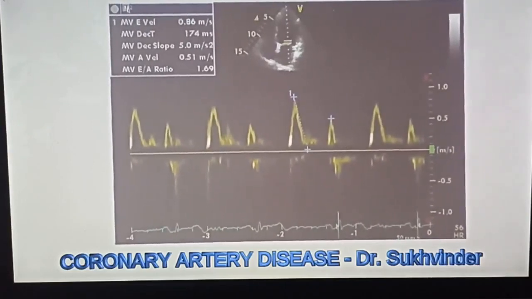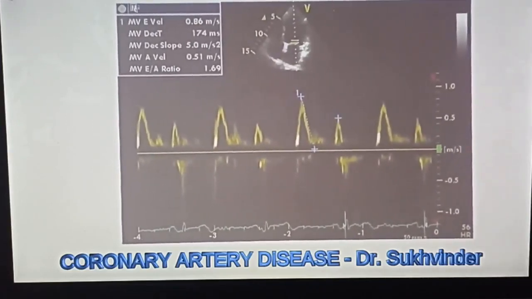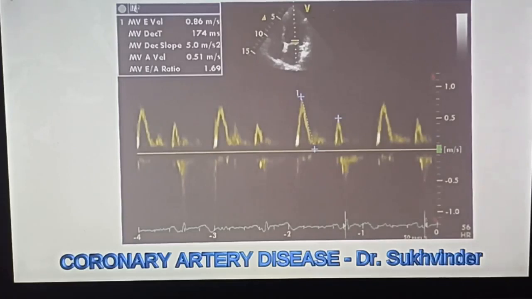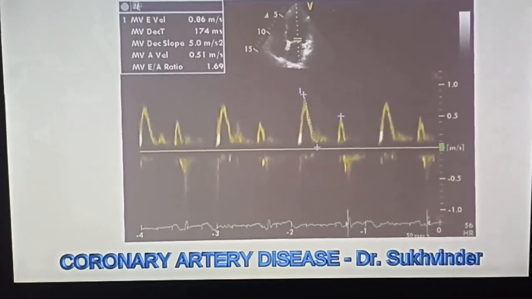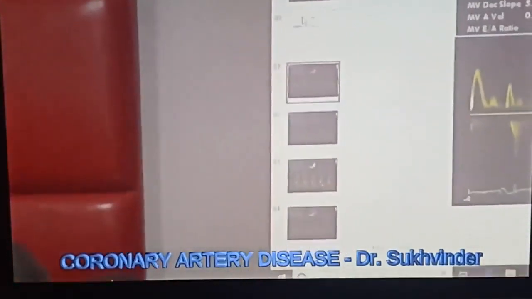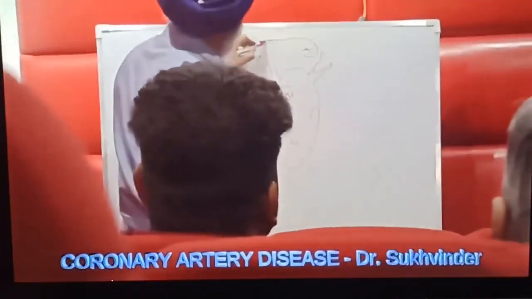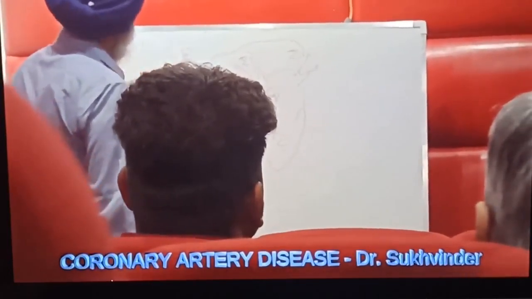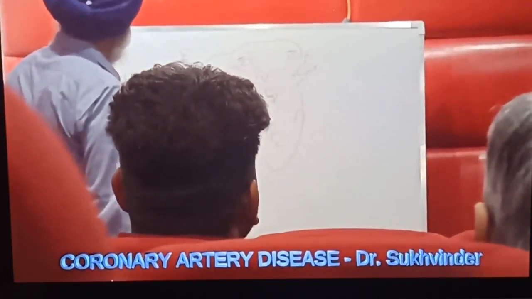Okay. What happens in diastole? Okay, this is LV, this is LA, these are pulmonary veins, which are connected to capillaries and then pulmonary artery.